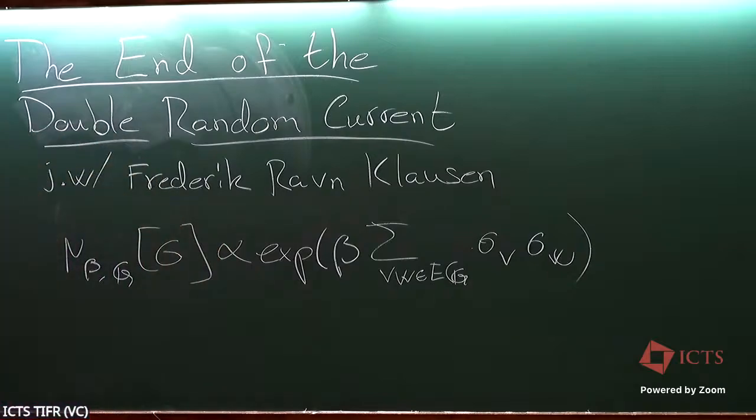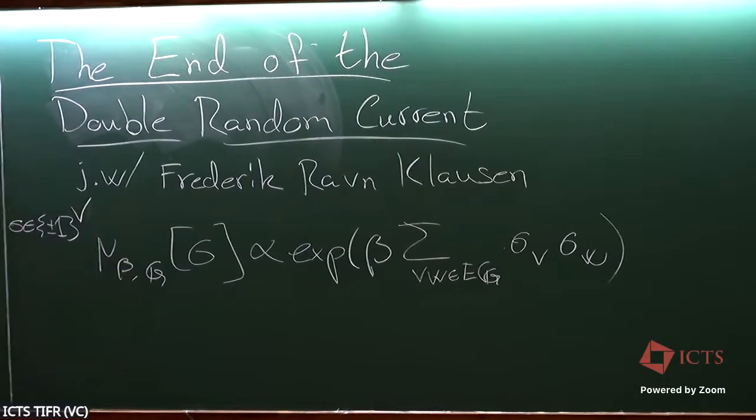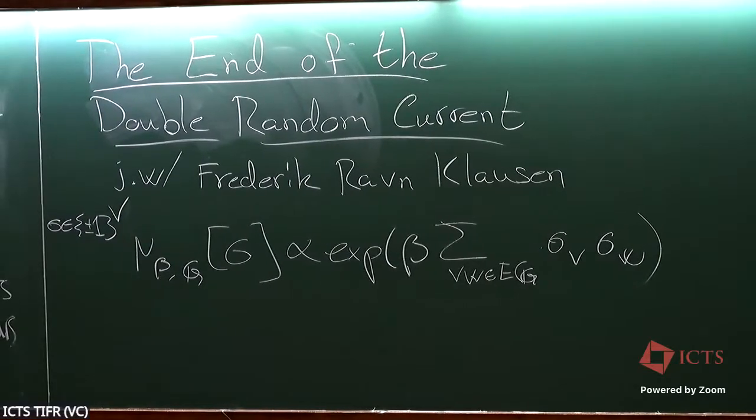For the sake of notational ease, I'm only ever going to write the nearest neighbor model, but everything today is also about long-range Ising. Those that know, and those that don't know would probably just get confused with needless notational flood. So this is, of course, the most studied model in statistical mechanics, roughly, and the sigmas, of course. It has been defined a number of times, so I assume that everybody's on track at this point.